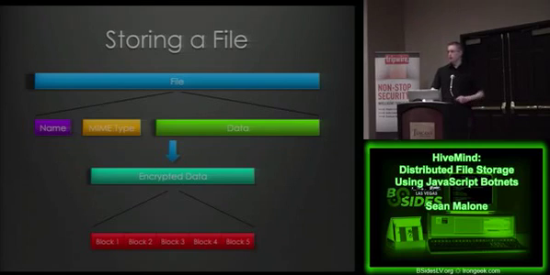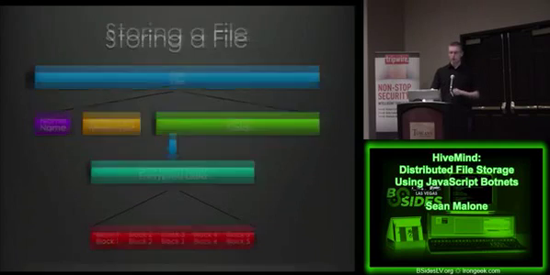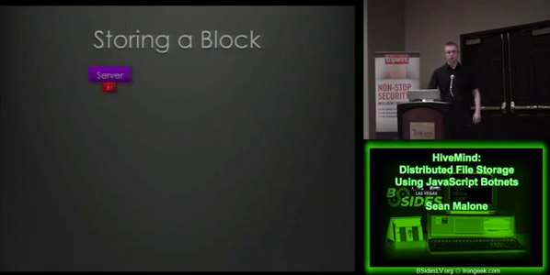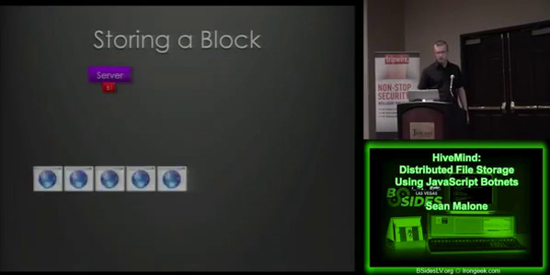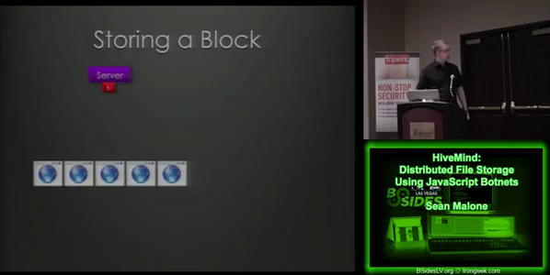So this gives us a particular block that we can then store on the server. So take block 1, for example. We've got a server here that has block 1, and we want to store that out on our distributed file system. So we've got these nodes that have come in through the various techniques that we set up beforehand, and they're all checking back in, just saying, hey, I'm out here, I'm ready, do you have any work for me?